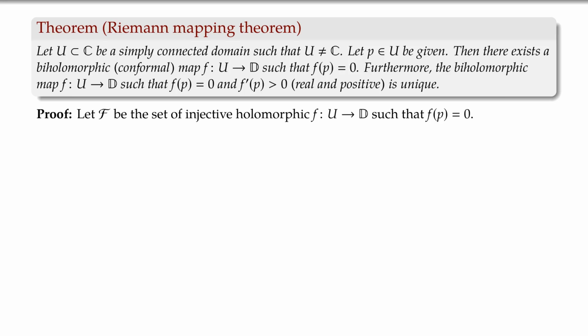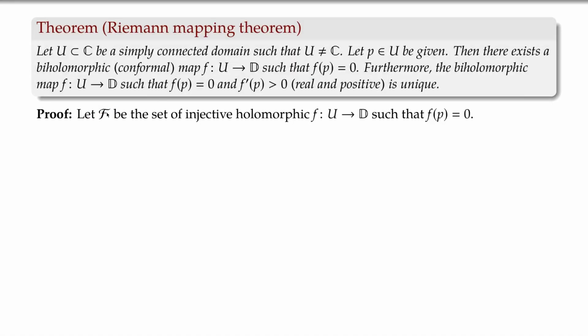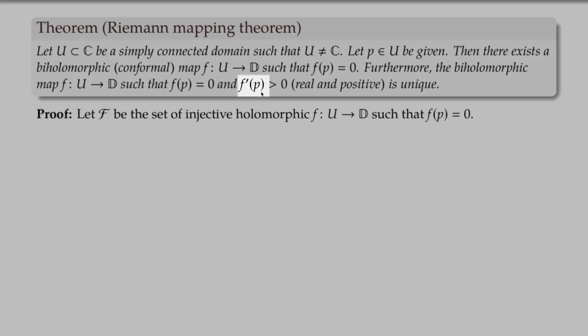Now, how are we going to get such a mapping? Well, we're going to do it by looking at a family of maps, a set of maps. So take injective holomorphic maps that take P to 0, and we're going to call that script F. Now, among these maps, we're going to maximize the modulus of f prime at P. Why do we do that?